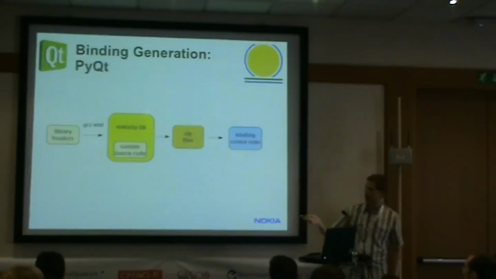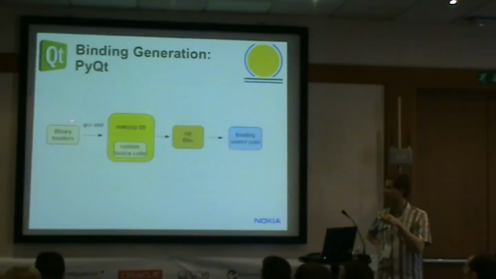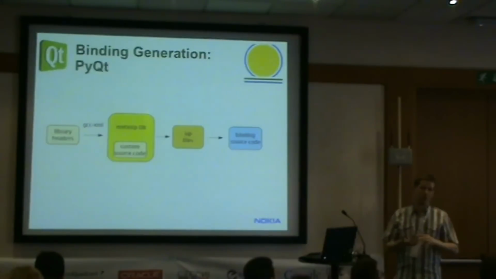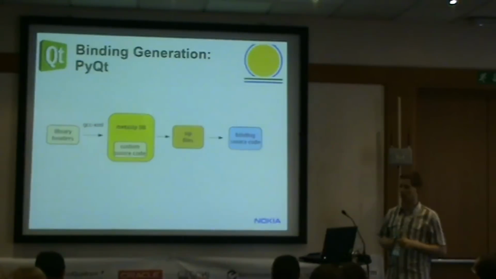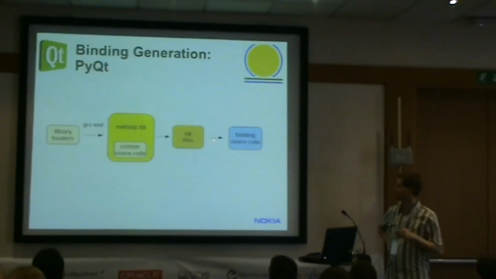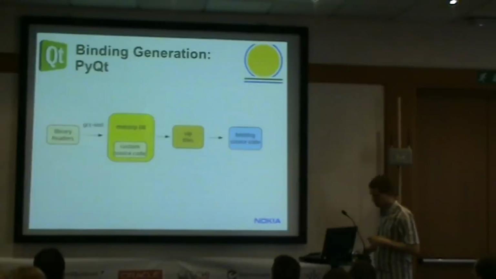It takes in the Qt library headers, processes them with GCC XML, and then uses an internal tool called MetaSIP and the MetaSIP database to combine the headers with the custom source code where necessary to create SIP files. The SIP files are then used to create the binding source code, which is compiled to the Python bindings.